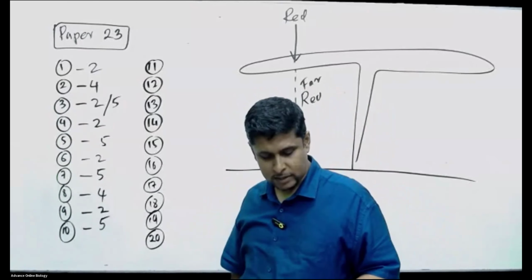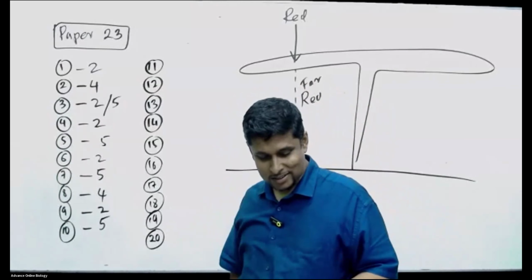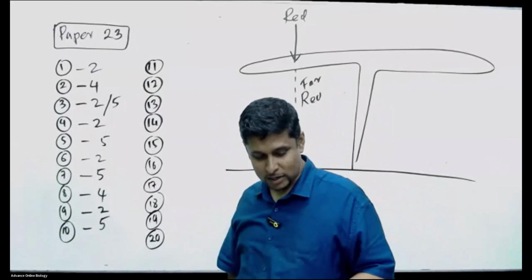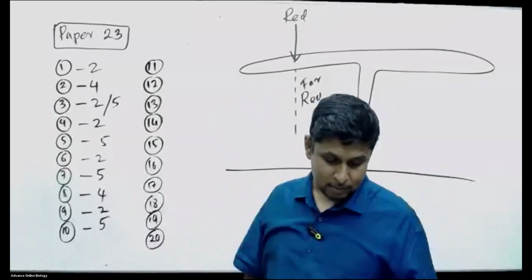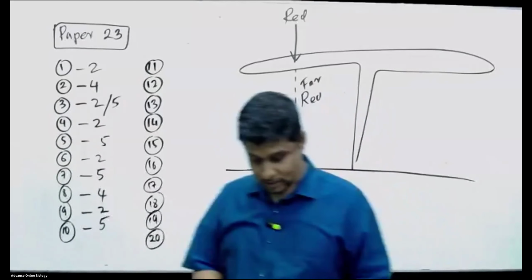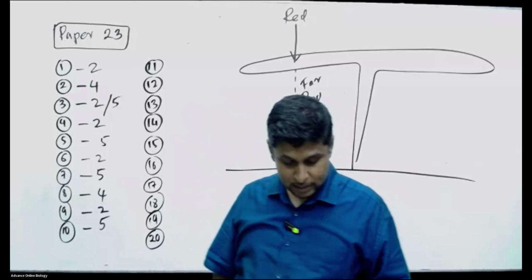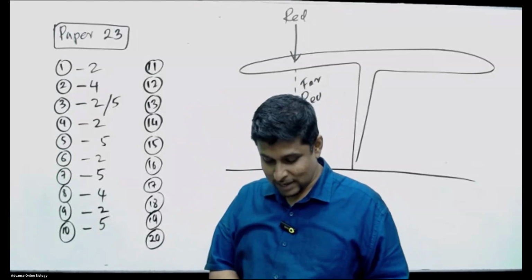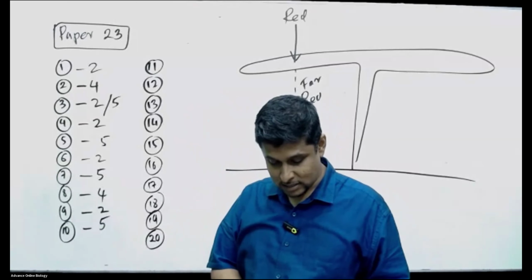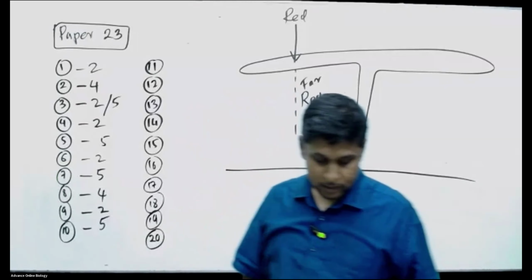First one, auxin and stimulate stem elongation, correct. Gibberellin and inhibit growth, no. So first we reject. Second one, auxin inhibit growth, wrong. Third one, auxin enhance apical meristems, correct.